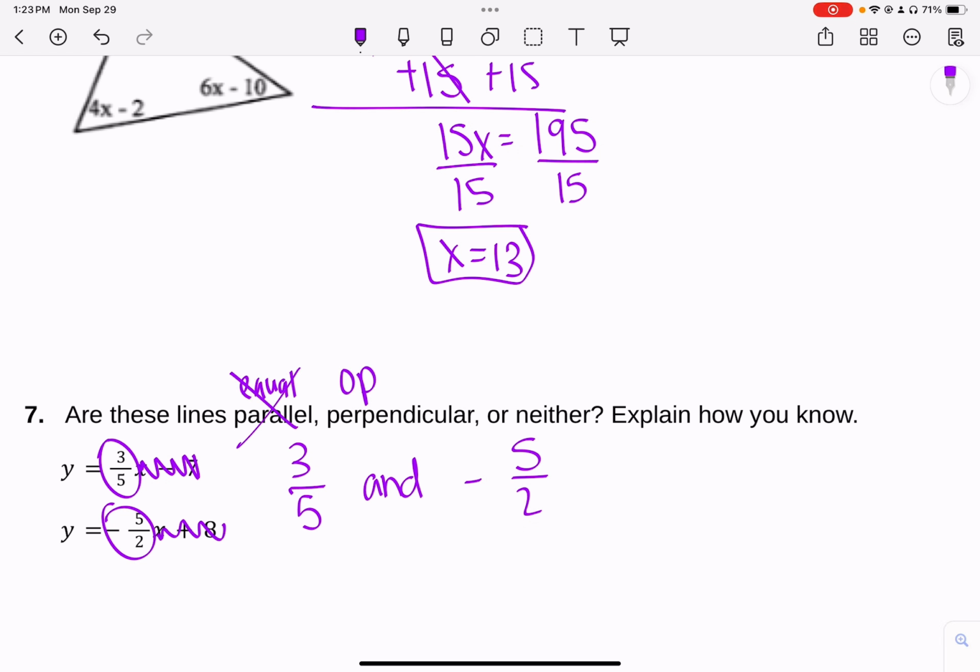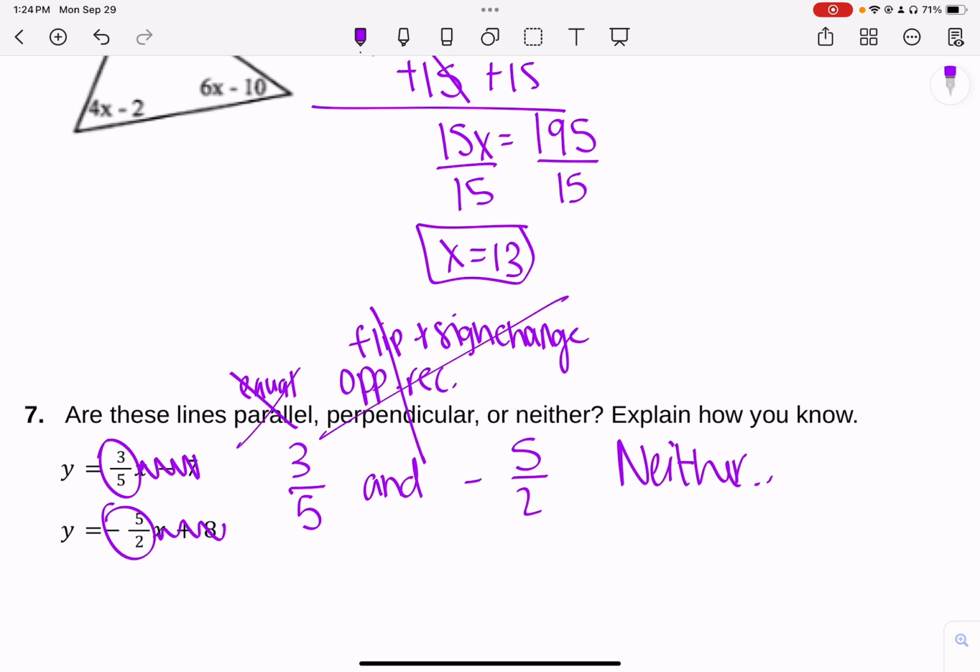If they were opposite reciprocals here, they would be perpendicular, and that was flip and sign change, but that's also not happening here because there's no flip here. So it's actually neither. And then you can talk about the reason why. It can be like it's neither of these. It's not actually equal. It's not flipping and having the sign change, but you want to give some kind of details on that.